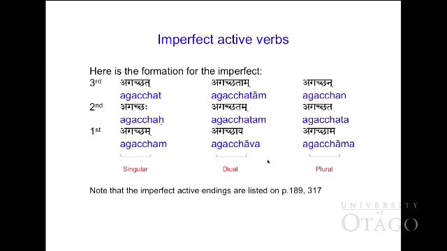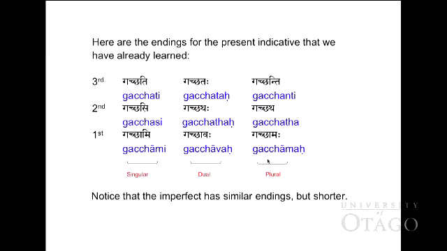Note that the imperfect active endings are listed on page 189 and 217 in the interactive book, part 1. And you can compare with the endings of the present indicative that we have learned from lessons 1, 2, and 3.